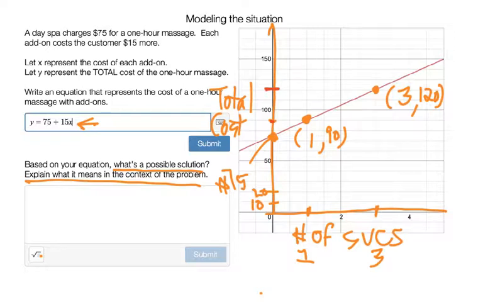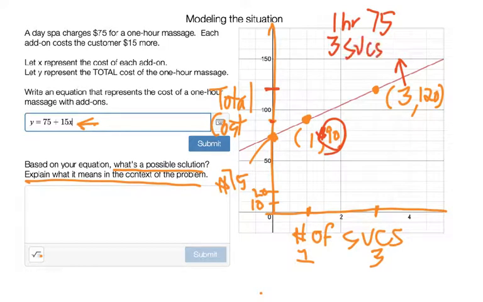So 1, number of services, and if I were to get 1 service plus my $75 1-hour massage, it's going to cost me $90. How about this one? This means that I paid for a 1-hour massage at $75, and I bought 3 add-on services.